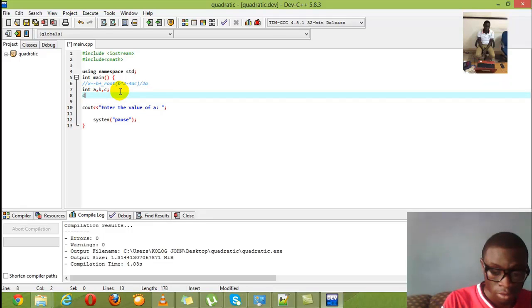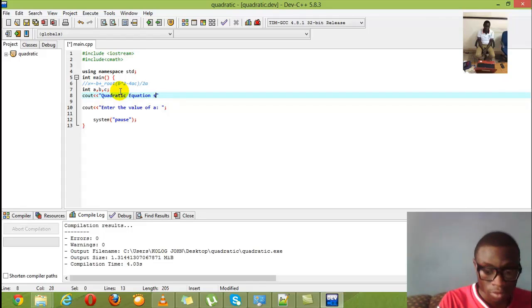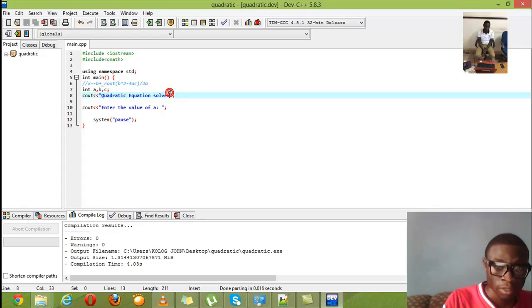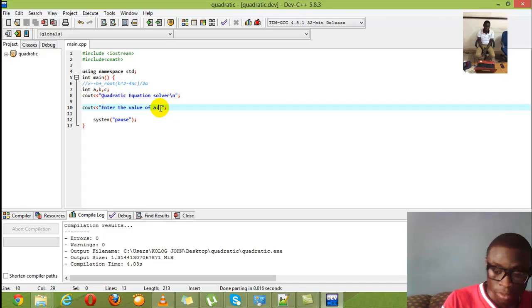Also cout, quadratic equation solver. That is the name of our program. I'll put a new line so that it doesn't join this line with this line, and we'll do the same here. New line, so it doesn't join them.